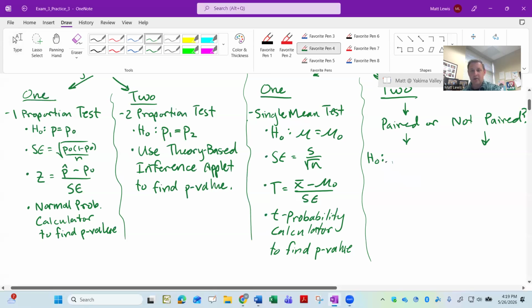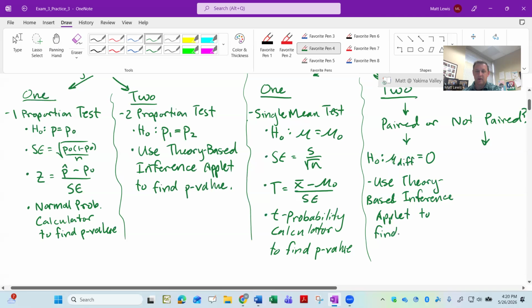Then we're testing the mean of differences, and we're saying, okay, the mean of differences we're going to assume is 0. If you get paired data, though, I do not need you to use a bunch of formulas. Once again, you can use the theory-based applet to find the p-value.